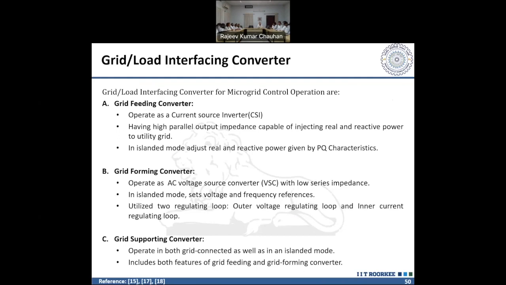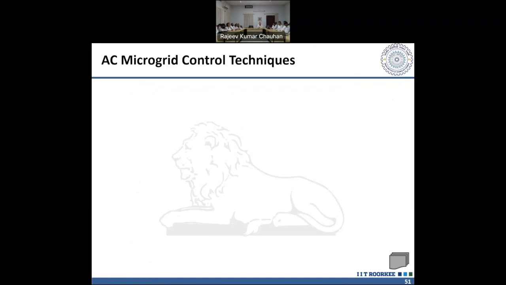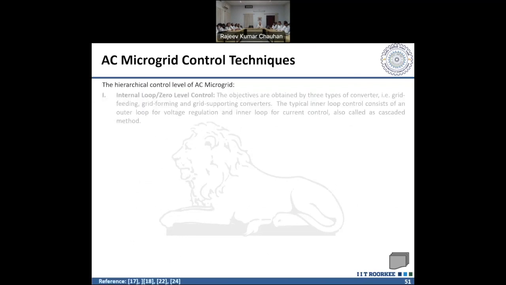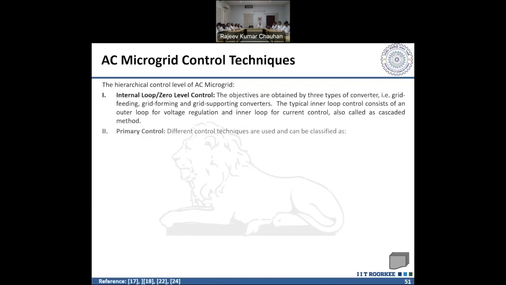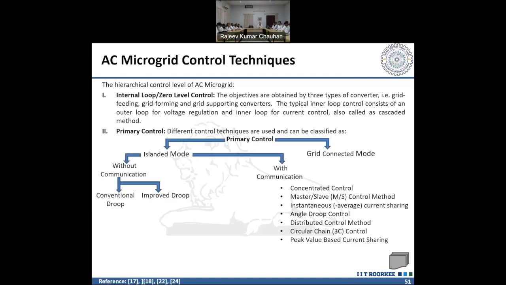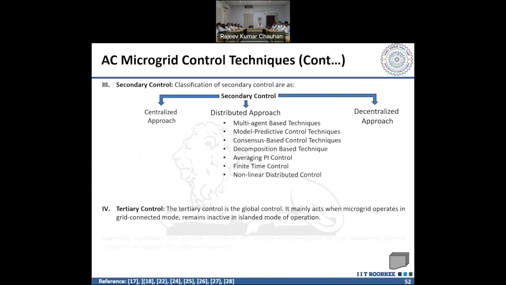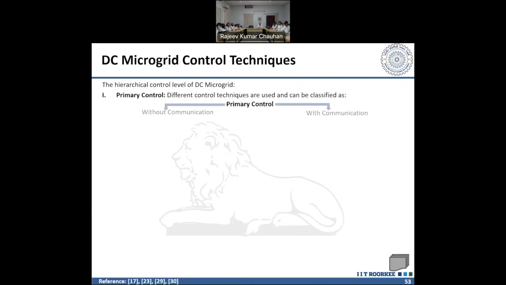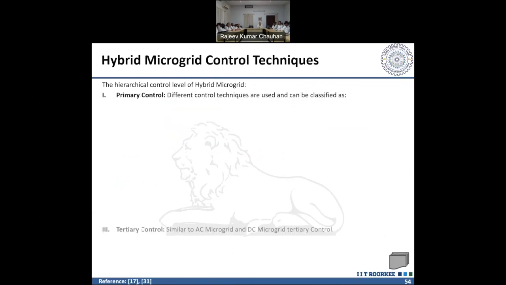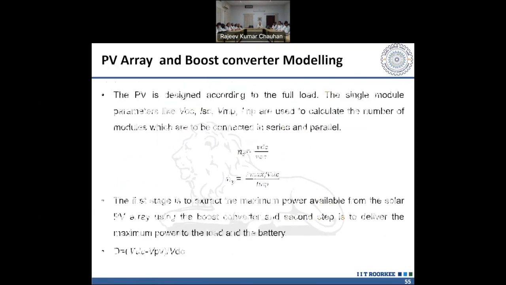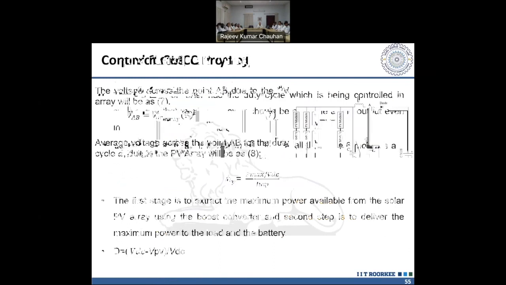So the three types of converters are used. The primary and secondary control we have already studied. This point I want to cover.